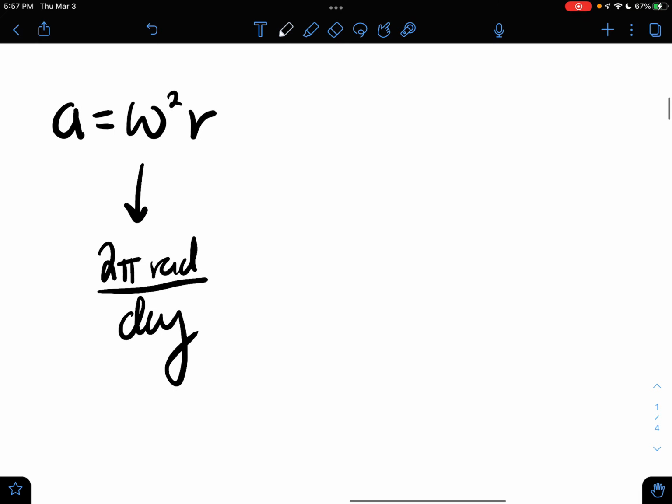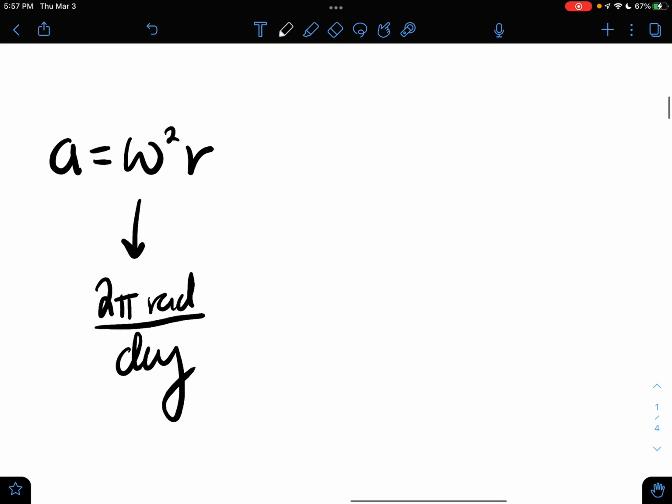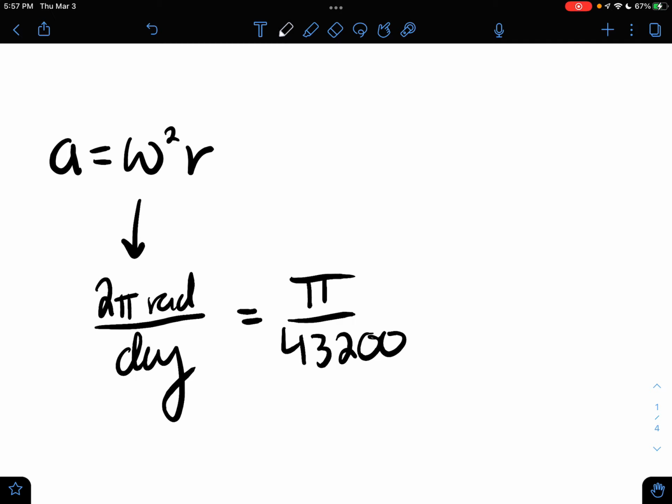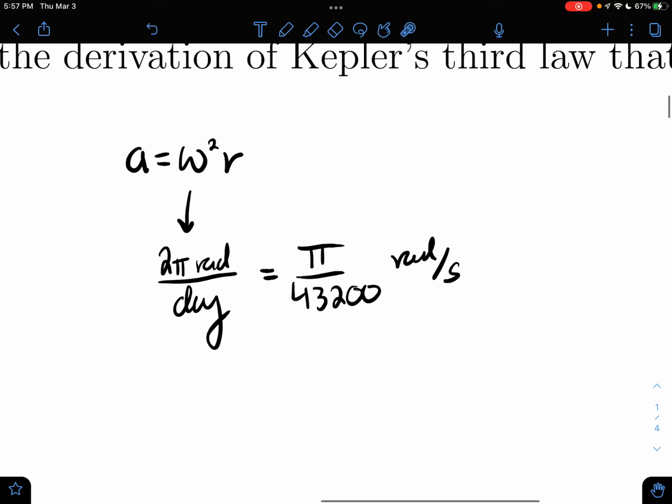So we can convert that: 24 hours in a day, 60 minutes in an hour, 60 seconds in a minute. That's going to be approximately pi over that, in radians per second. There's our omega, our angular velocity. That's how fast we're going around in the circle.